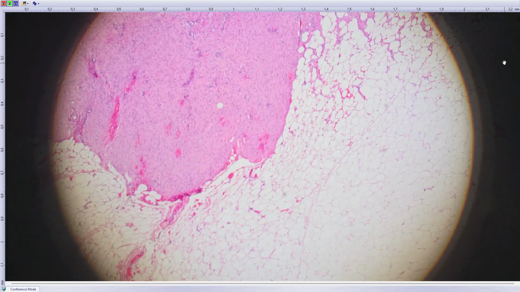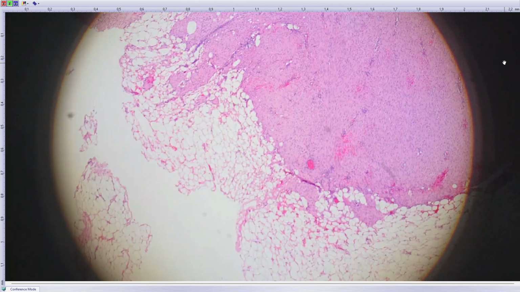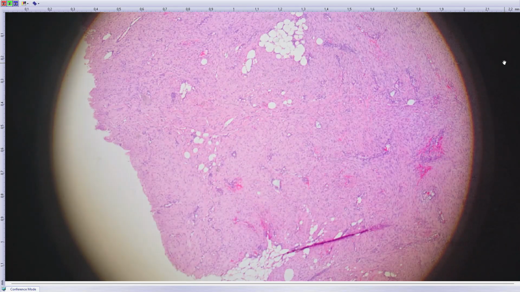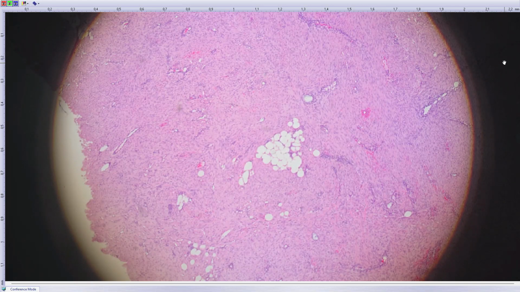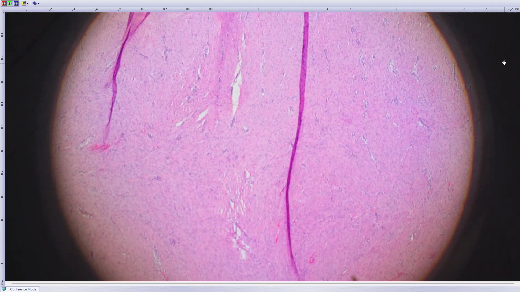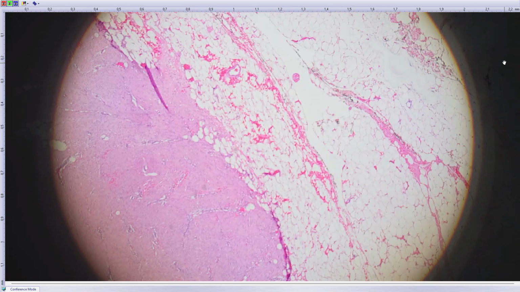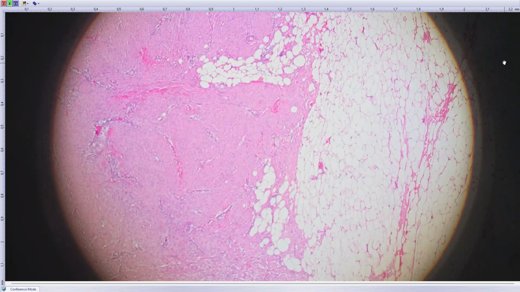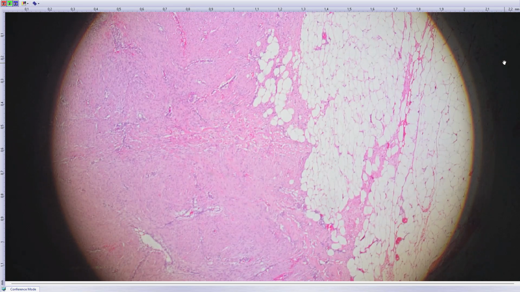And we can see this fatty tissue with this quite well circumscribed but still infiltrative lesion. So there are adipocytes within the lesion, and we've got these short tongues of the lesion going into the fat.